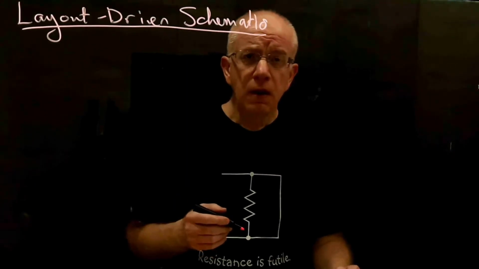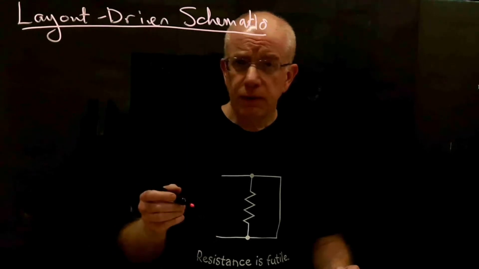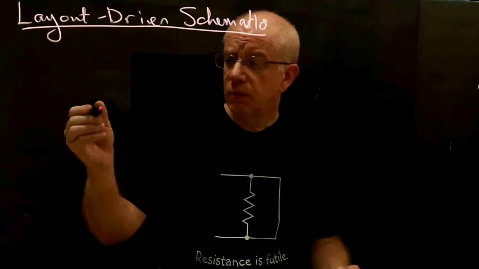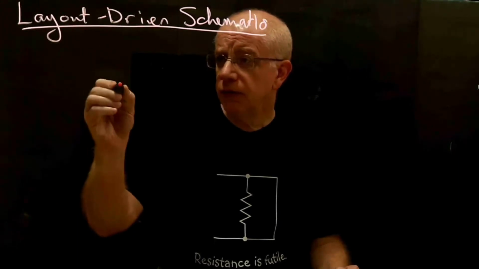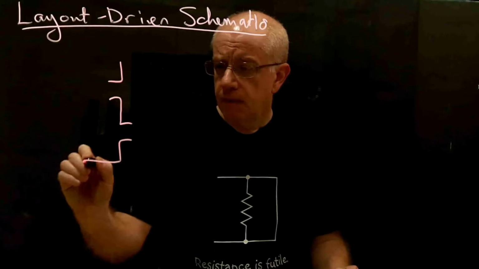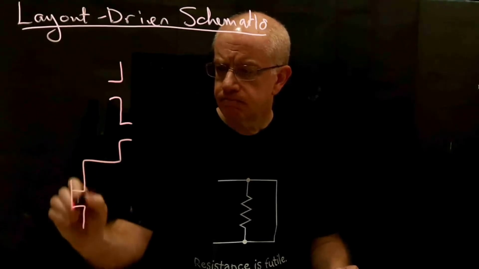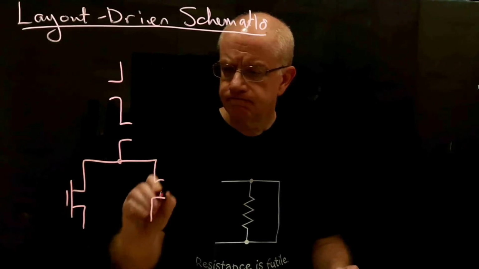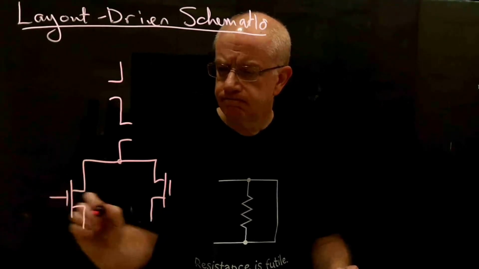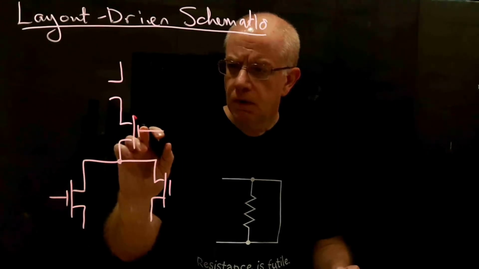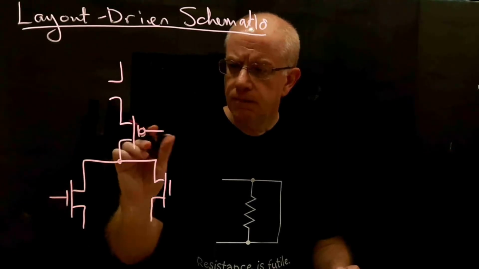So normally we might have something like an AND gate. Let's say a two-input NOR gate. Let's try that. So we might draw the schematic like this. There should be a bubble on that one.